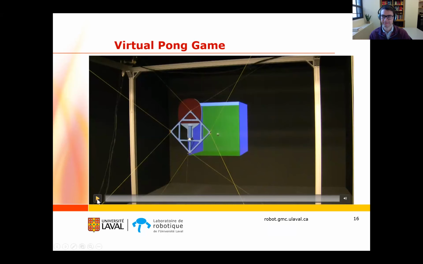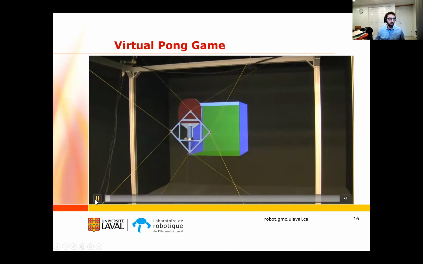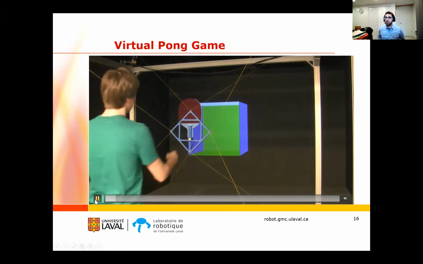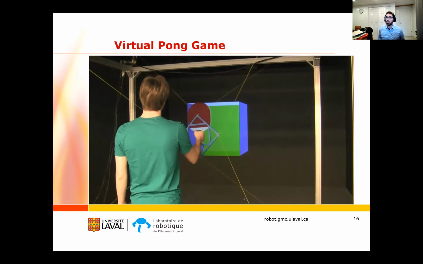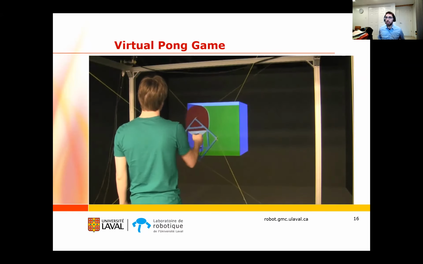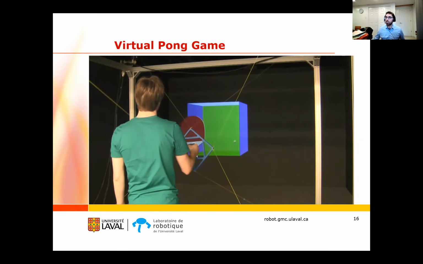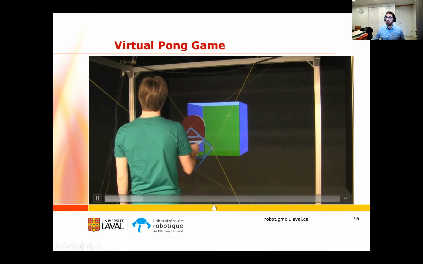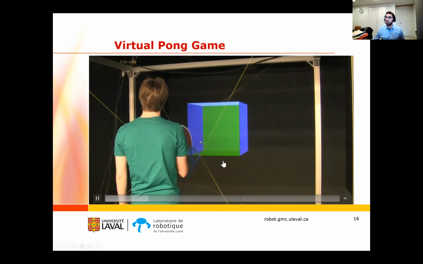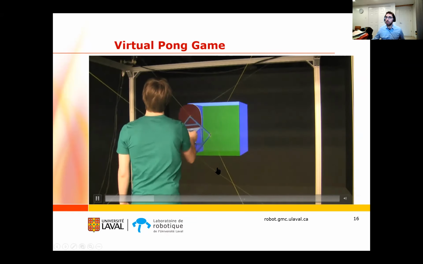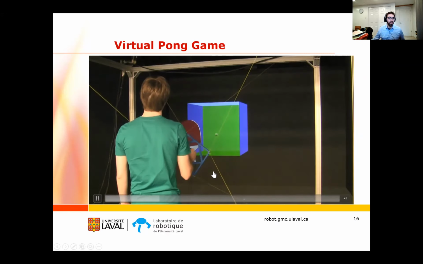So we've been working on a project on haptics and on using a cable robot in physical rehabilitation. We put a cable robot inside a cave environment, and our second iteration of the cable robot was able to play a Pong game inside that environment.